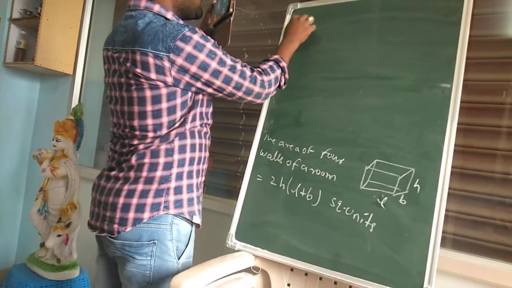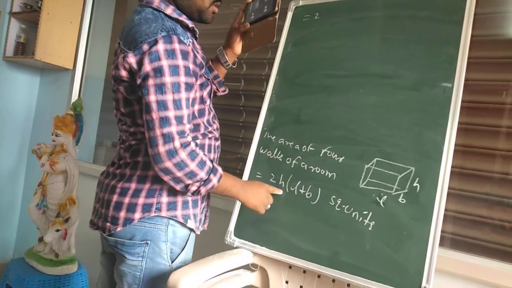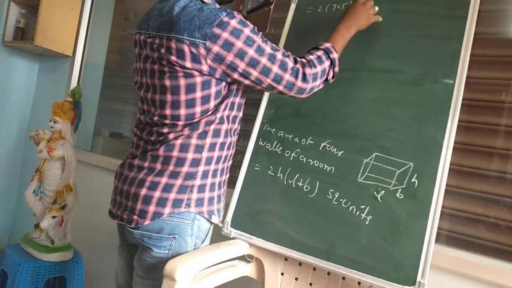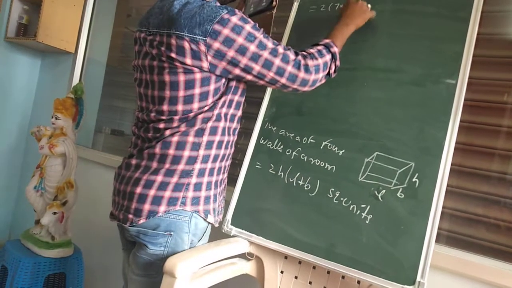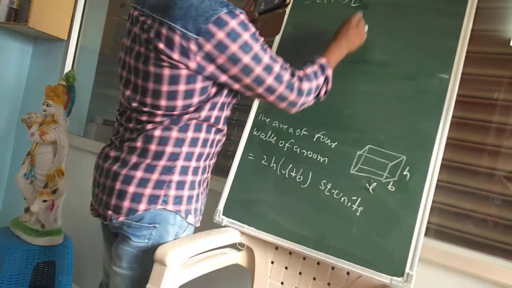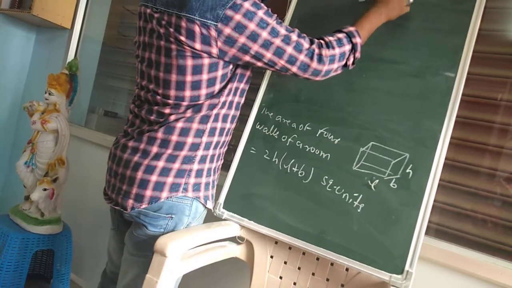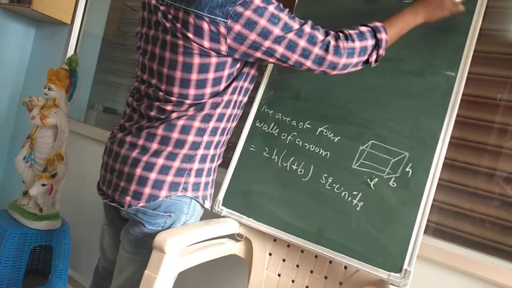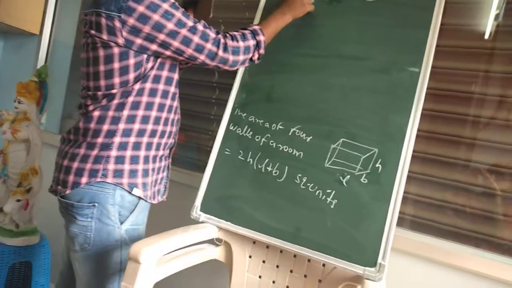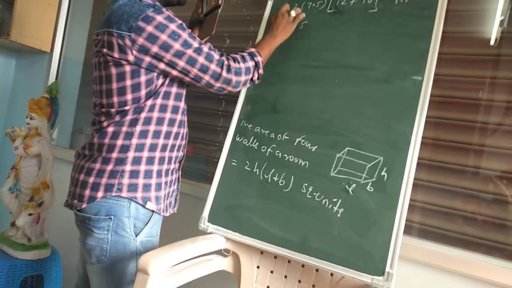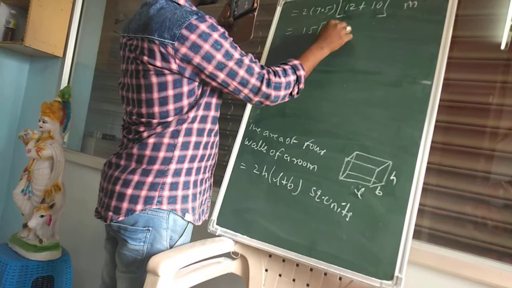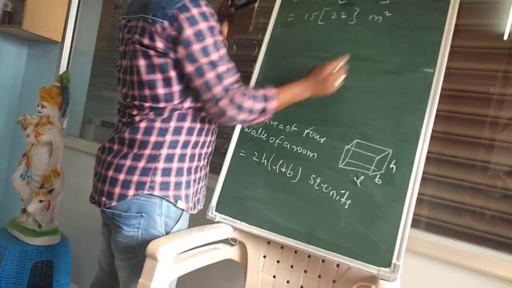That is 2 of H, height is given 7.5, and L, that is length is given 12 meters, plus breadth is given 10 meters. Total is square units, that is square meters. Now 2 into 7.5 is 15. 15 of 12 plus 10, that is 22 square meter.